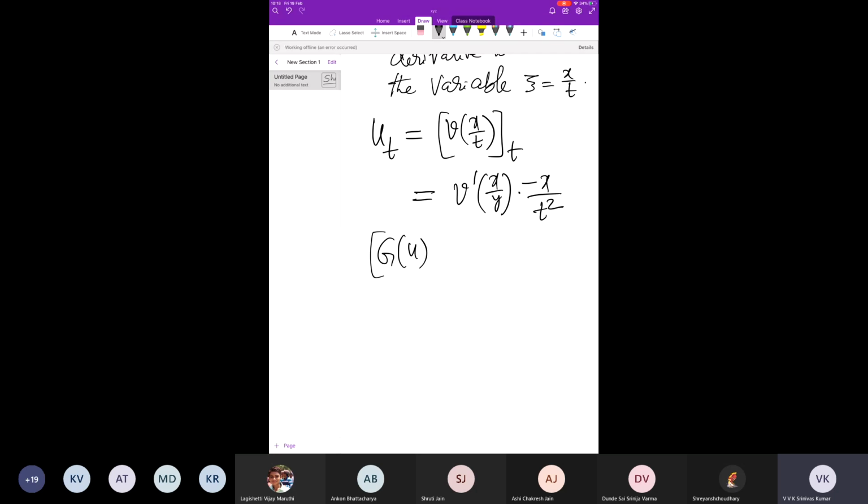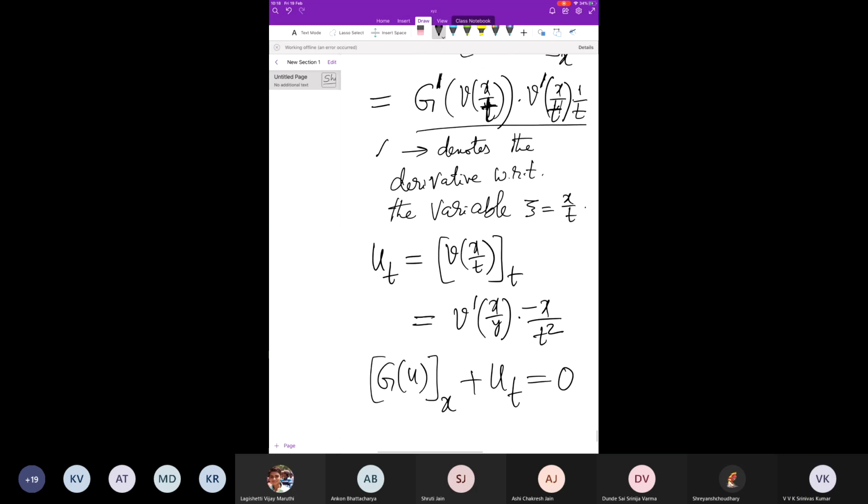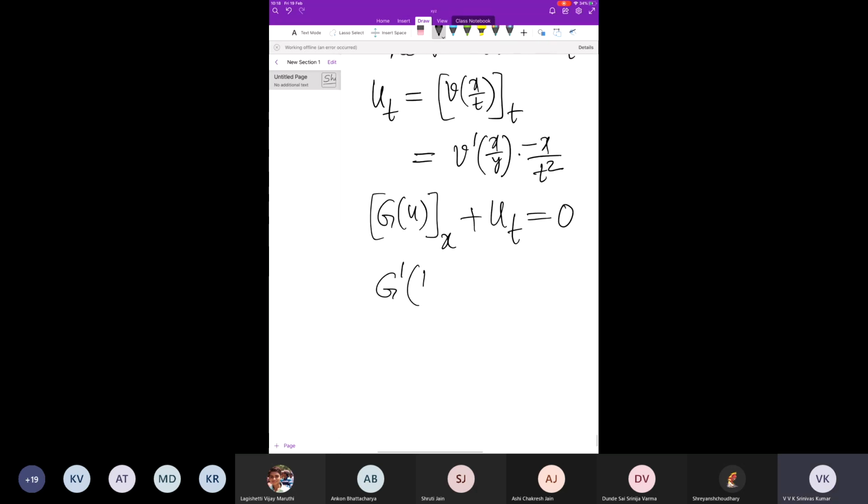g of u at x plus ut is equal to 0. Substituting, we get g prime of v of x upon t into v prime of x upon t into 1 upon t, plus or minus x v prime of x upon t upon t square, is equal to 0.